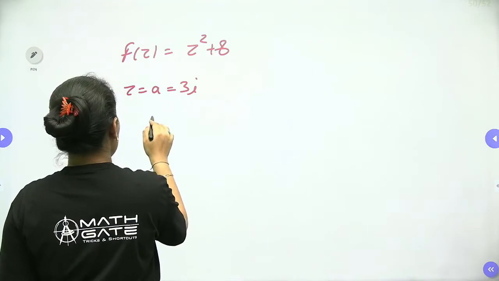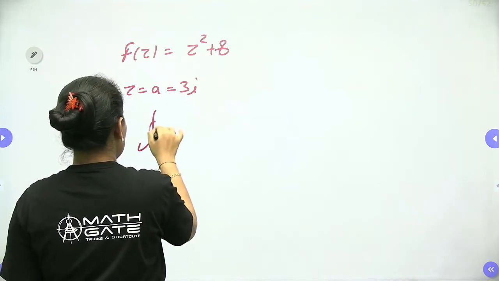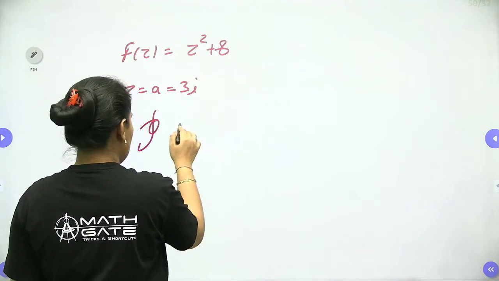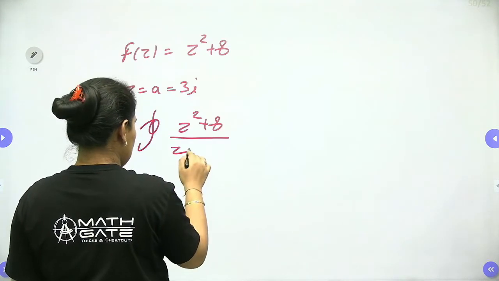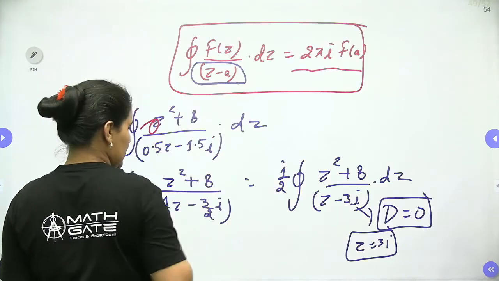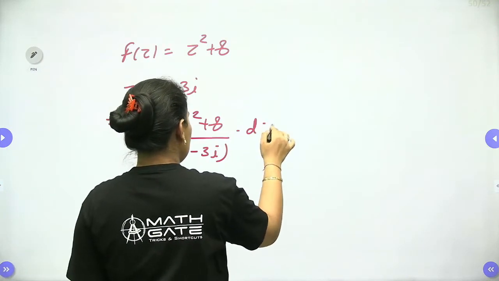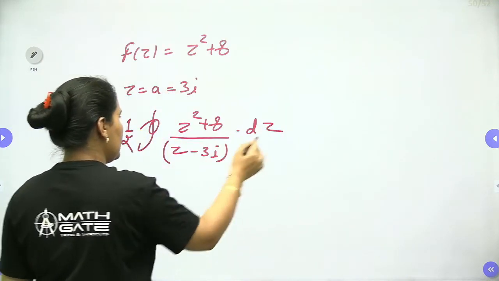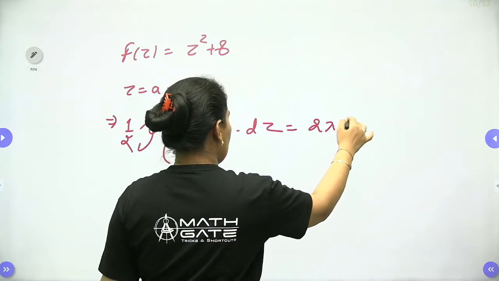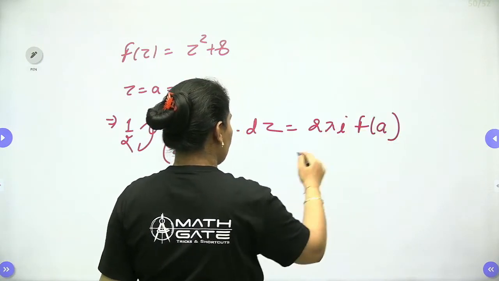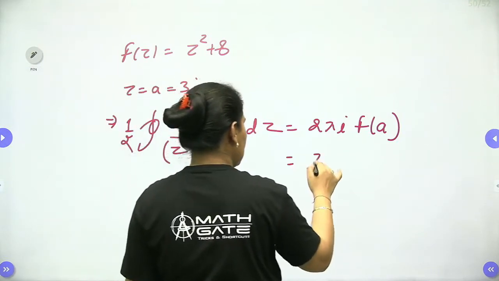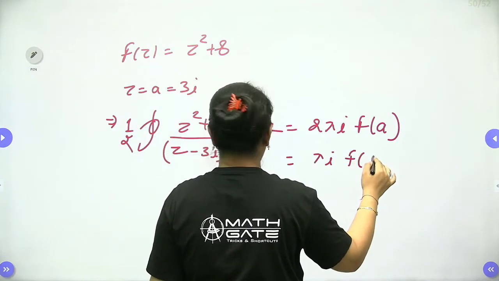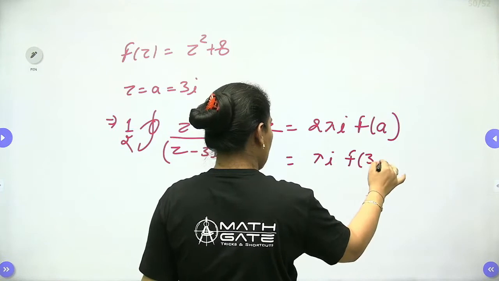So when we approach here, it will be the closed integration over c of (z square plus 8) divided by (z minus 3 iota) dz. 1 by 2 is already here, so it will be 2 pi iota into f of a, which means 2 times 1 by 2, so it will be pi iota into f of 3 iota.